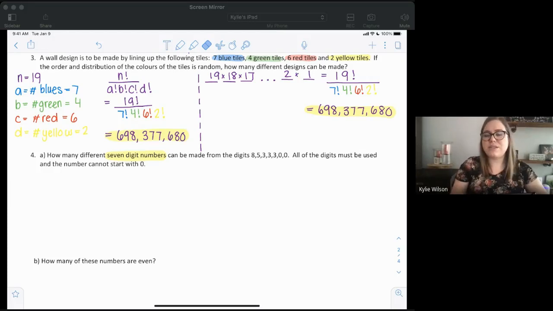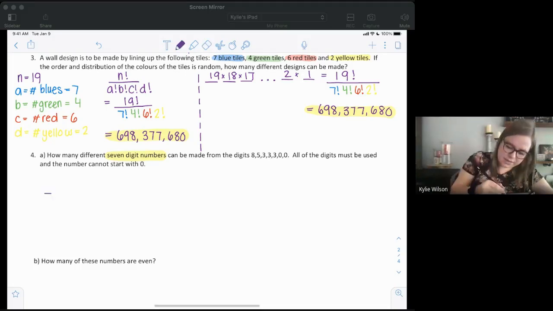So let's identify all of the different ways that we can arrange a 7-digit number. I'm going to draw out all the spaces. I'm going to use the box technique for this one. So we have 1, 2, 3, 4, 5, 6, 7. Now we do have some restrictions here.